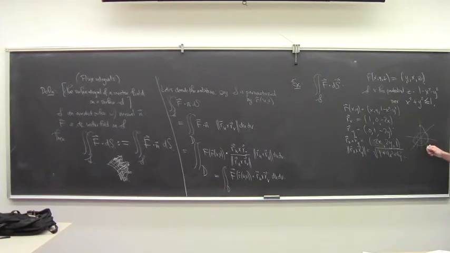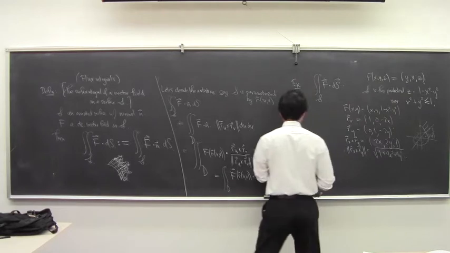You have this downward paraboloid, and here you see that for each point (x,y), we have this thing (2x, 2y, 1). So this guy's going opposite like this.